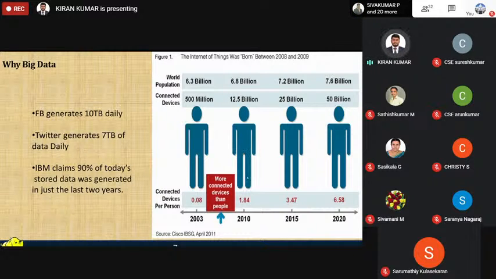If you see the ratio, each person will have on average 1 or 2 devices. In the years to come, maybe by 2020, the number of connected devices in the world will be more than 50 billion, and the population just 7.6 billion. In the ratio, you can see on average each person will have more than 6 to 7 devices.